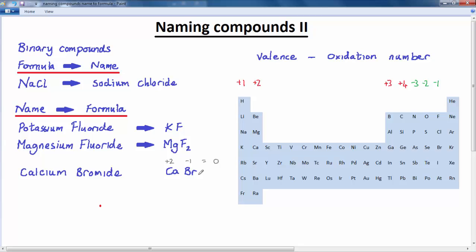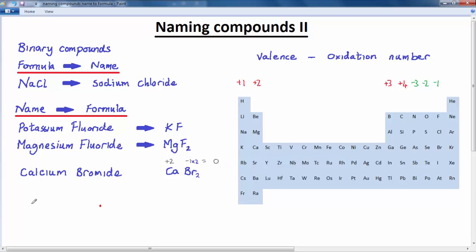So if I put a 2 down here next to the bromine, that means 2 bromine atoms, so that's 2 times -1 plus 2 equals 0. And so now we have the correct formula for calcium bromide. Once you've established the formula, you just rub out the pencil marks. I'm not going to do that, I'm going to leave those markings here for you.